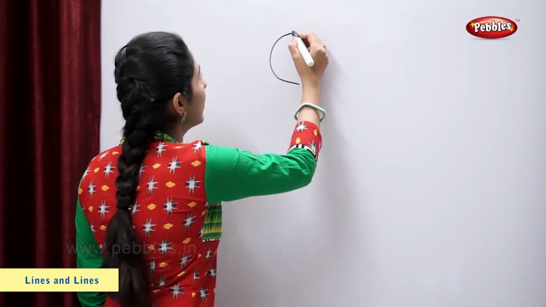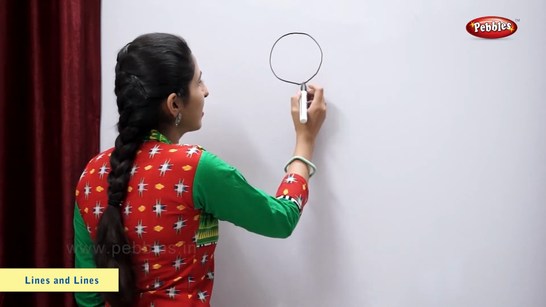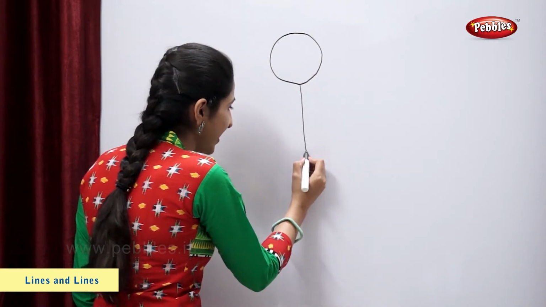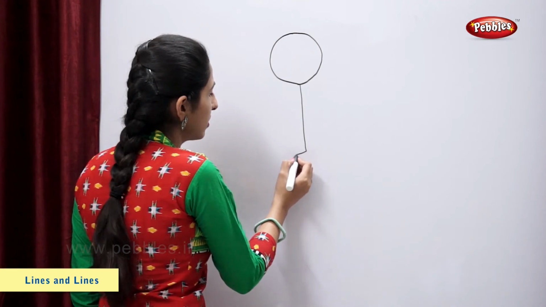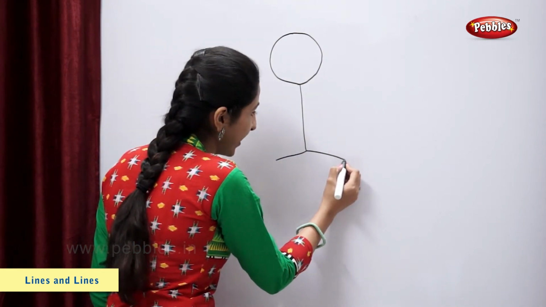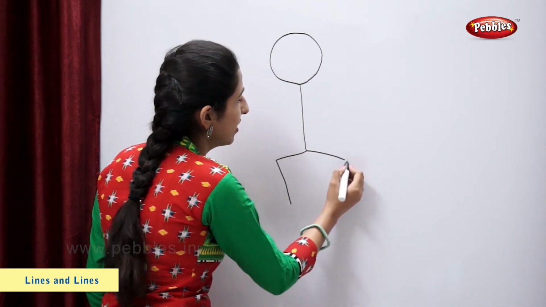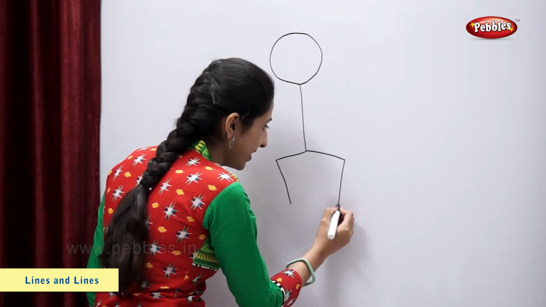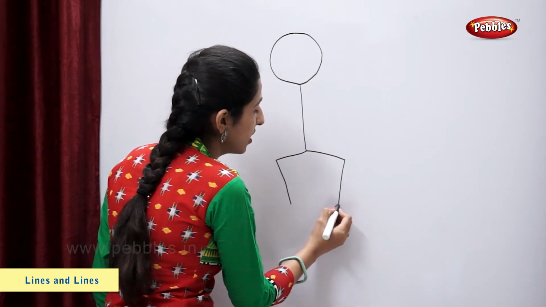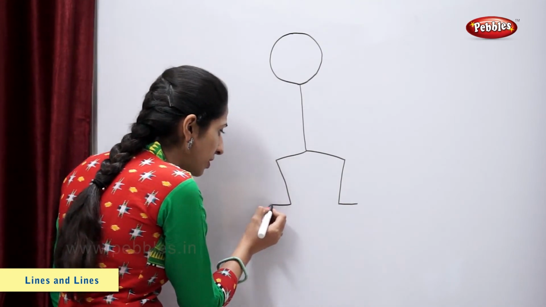A curve. One more curve. Standing line. A slanting line. Slanting line. Another slanting line. One more slanting line. A small sleeping line. One more sleeping line.